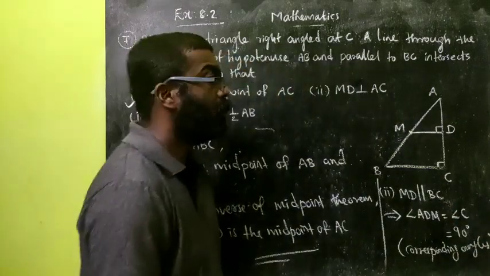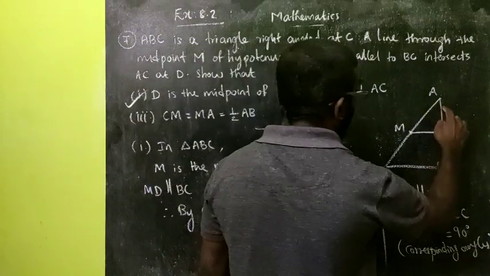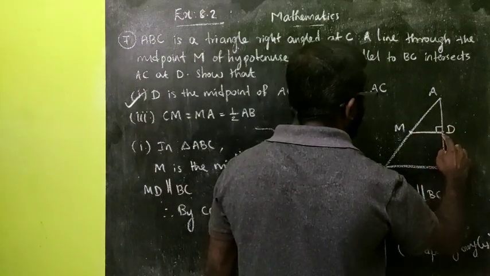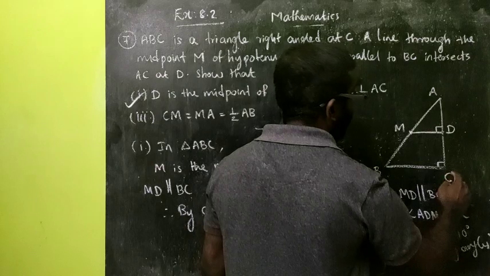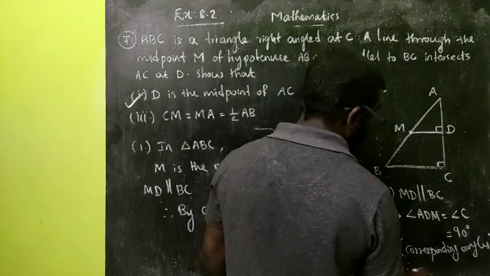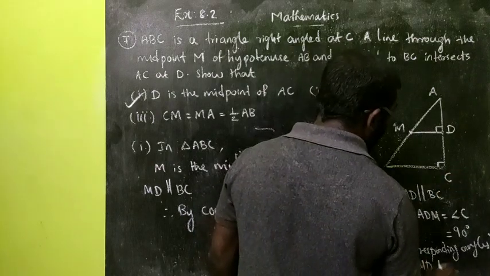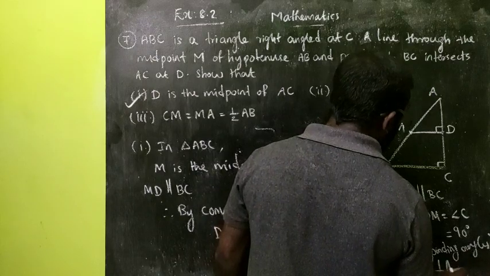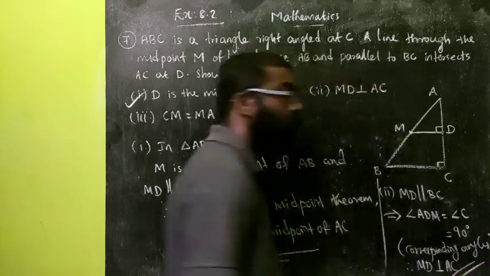And what we can conclude? Angle ADM is 90 degree. So MD must be perpendicular to AC. Okay. Therefore, MD is perpendicular to AC. Clear?